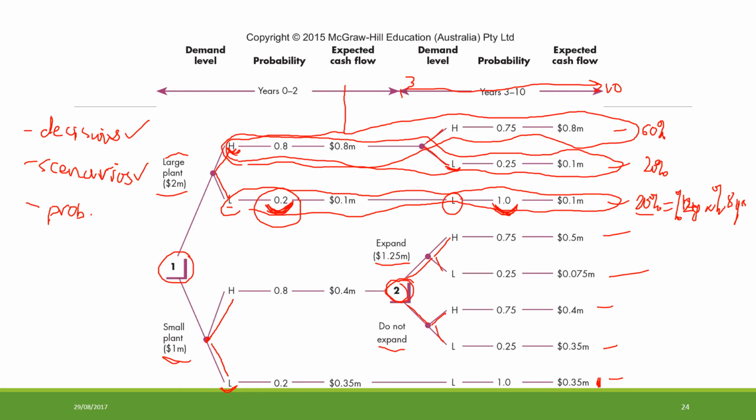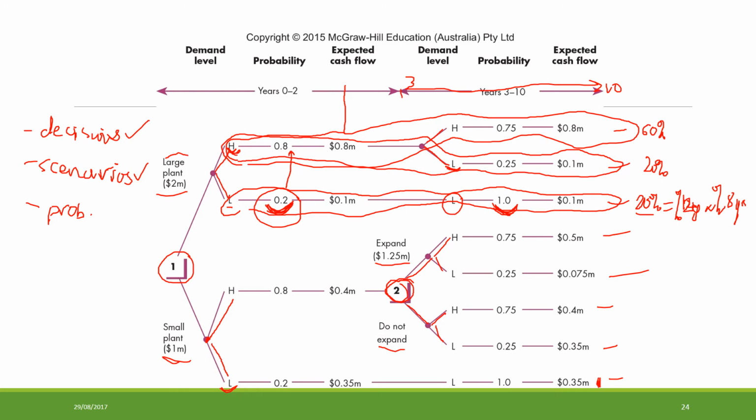So if we can work out that the probability of having low demand in the first 2 years is 20%, we can then work out that the probability of having high demand in the first 2 years is 80%, right?